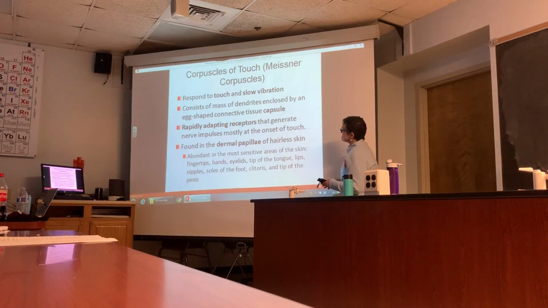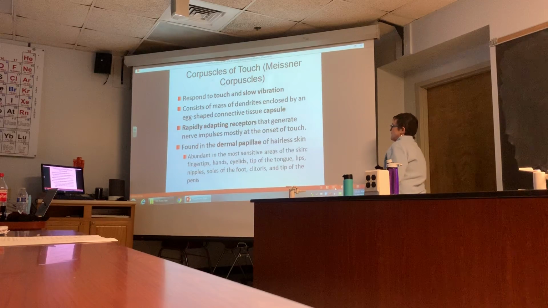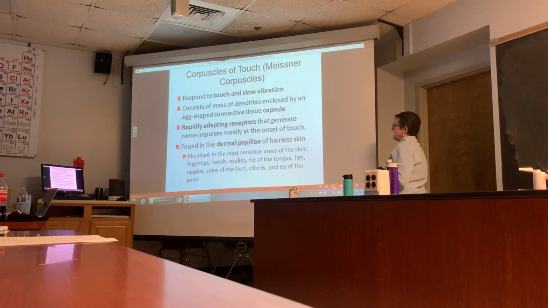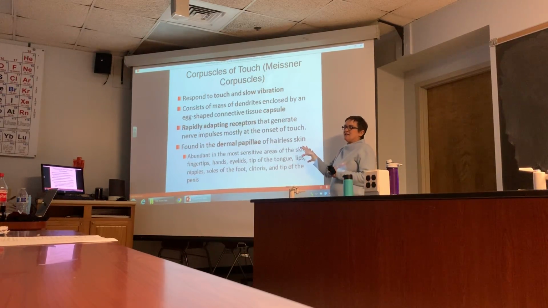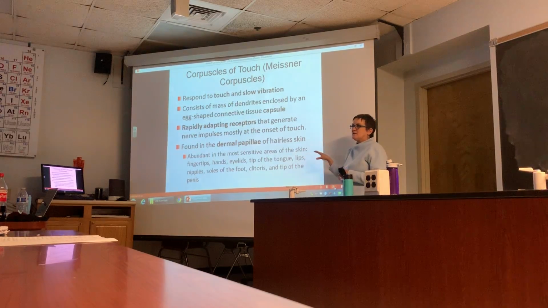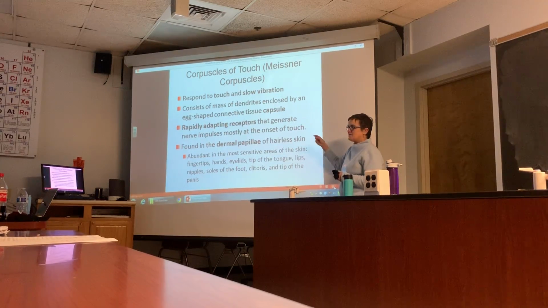By the way, it's found in the dermal papillae of hairless skin, so I forgot to mention that. Hairless skin, in other words, skin like on your lips, fingertips, the palms of your hands, the soles of your feet and toes, eyelids, tip of the tongue, lips, nipples, clitoris, and the tip of the penis.